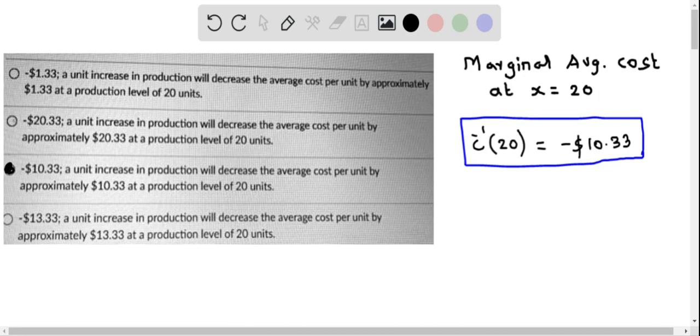The marginal average cost always indicates the increase or the decrease when one unit of production is added. Since we have a negative here, a unit increase in production will decrease the average cost by approximately 10.33 at x equal to 20, that is, at a production level of 20 units. So this is the correct interpretation of the marginal average cost at x equal to 20.